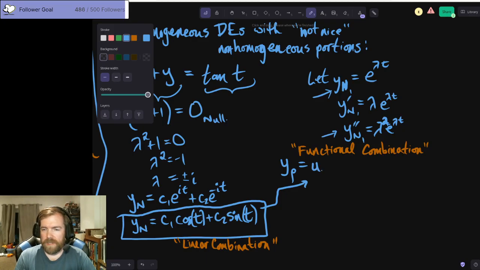So this is going to be u1 times the cosine of t plus u2 times the sine of t, and the u's in this case are both functions of t themselves.